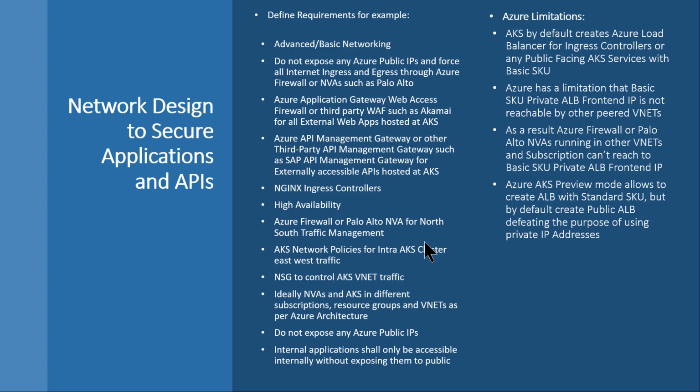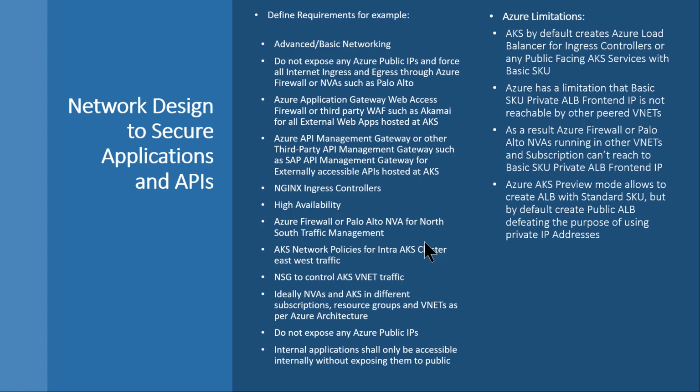That's again an organization based decision that has to be incorporated into your AKS strategy. We'll also talk about the API management gateway. If you are hosting APIs in your AKS cluster, which API management gateway could you use? You could definitely use Azure API Management gateway, or if your organization decides to use a third-party API management gateway, as an example SAP, you need to add that into your solution.